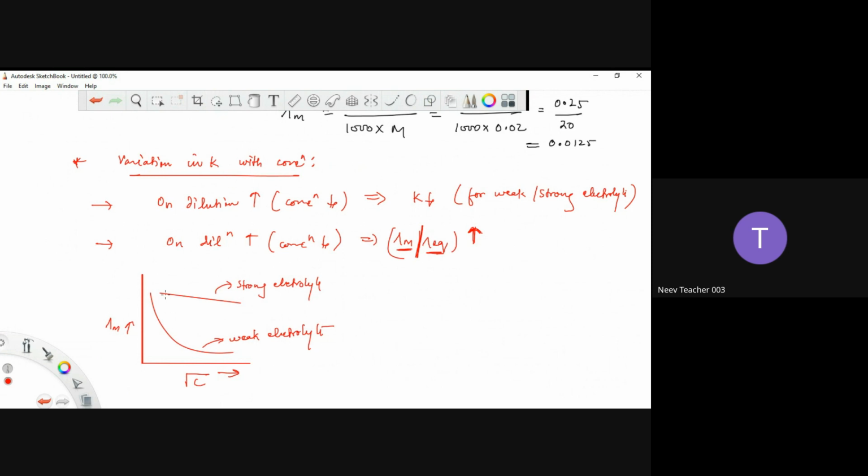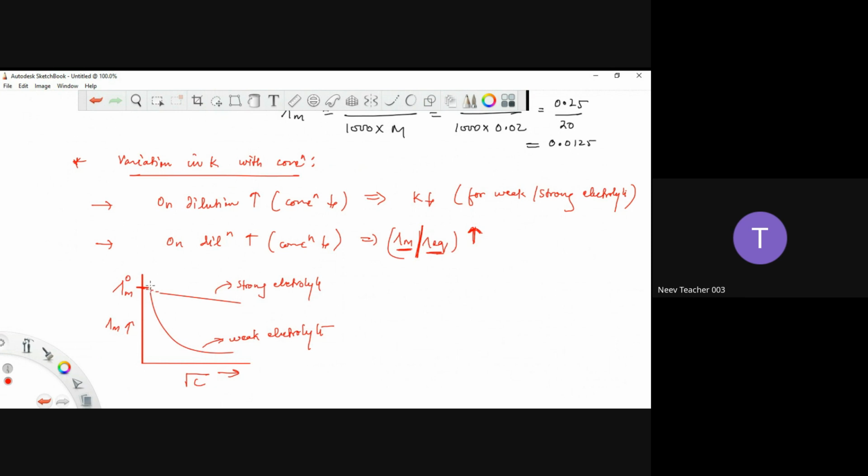And then if you extrapolate this, there will be one value which is known as lambda m at infinite dilution. So for a strong electrolyte, you can calculate lambda m at infinite dilution experimentally. But for a weak electrolyte, you cannot get it.